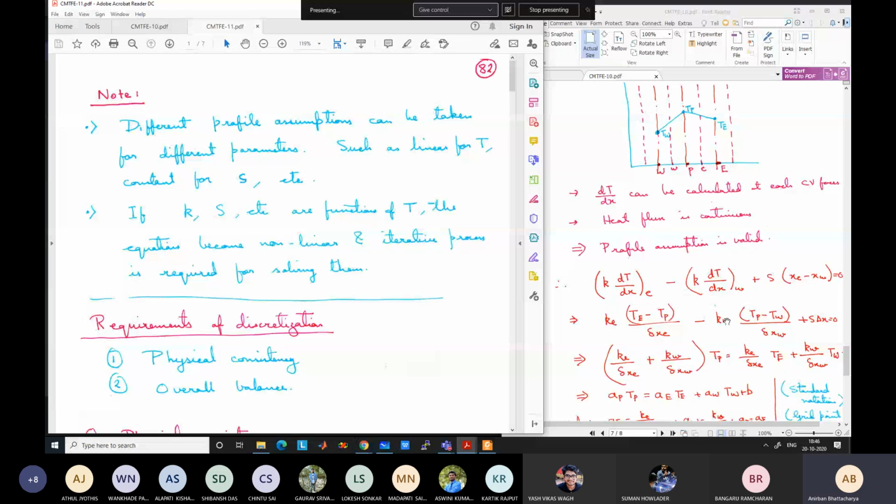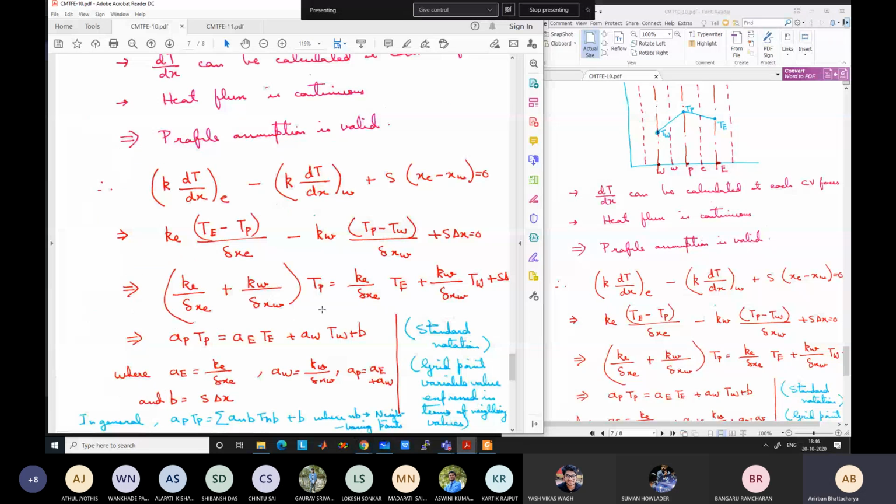One very important thing was present, but you might not have absorbed it, because I have not elaborated on it deliberately: we are taking different profile assumptions for different parameters.